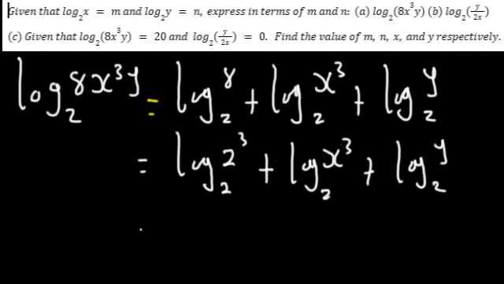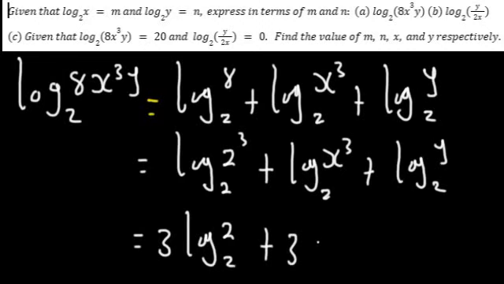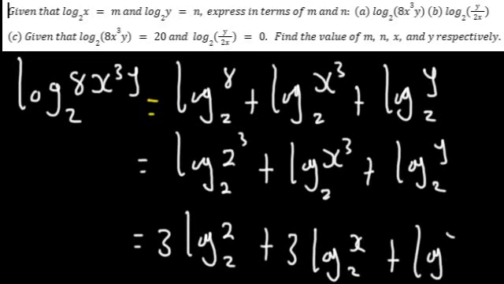So therefore, this expression returns to 3 multiplied by log of 2 to a base of 2 plus 3 multiplied by log of x to a base of 2 plus log of y to a base of 2.